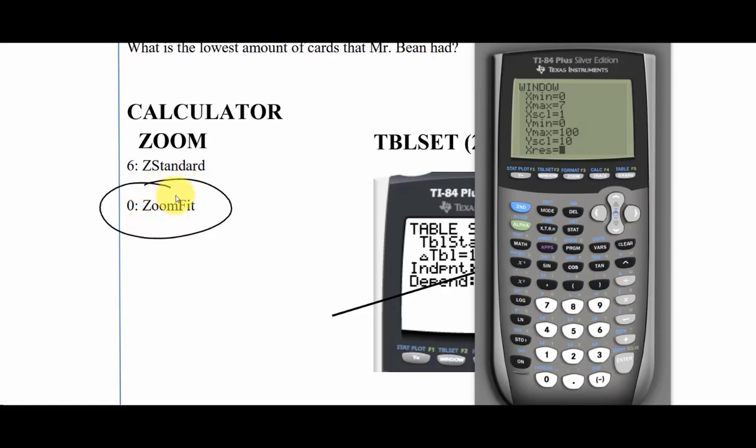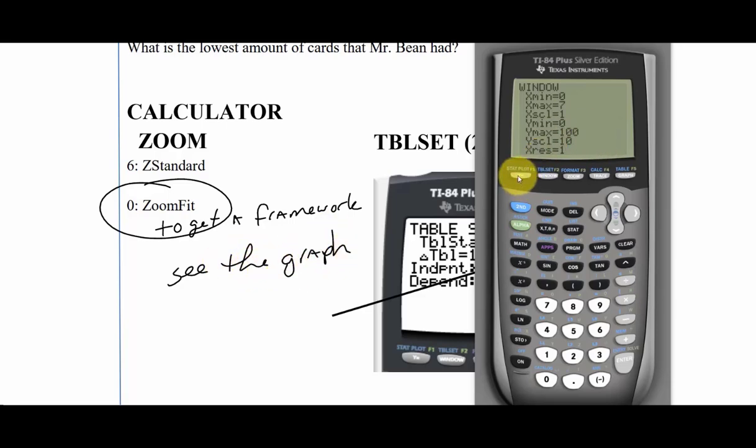Then you can use Zoom Fit to get a framework. Meaning that once you use Zoom Fit, you're going to have to go to your window and mess with it a little bit more, but at least you can see the graph.